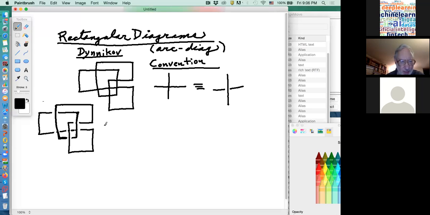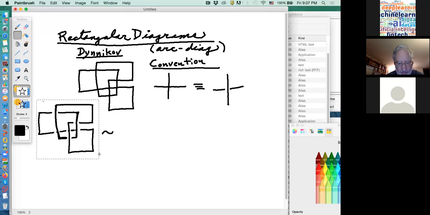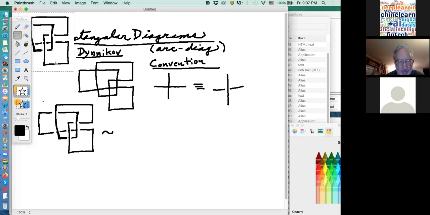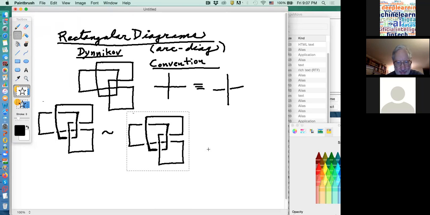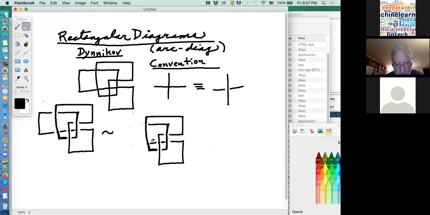Something simplifies, right? This diagram is equivalent to this, and I can stay in category, as you see. There's a Reidemeister 2 kind of move. I can just pull this one in. I'm staying in the category of these rectangular diagrams when I do that. I end up here.